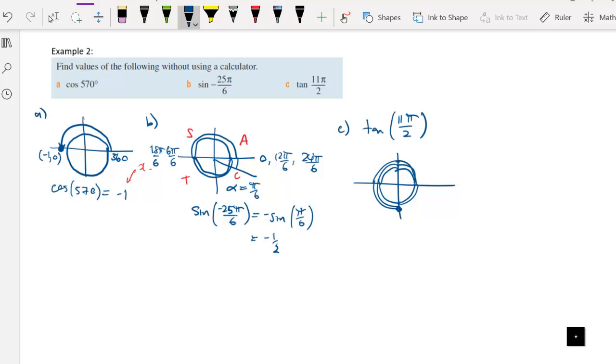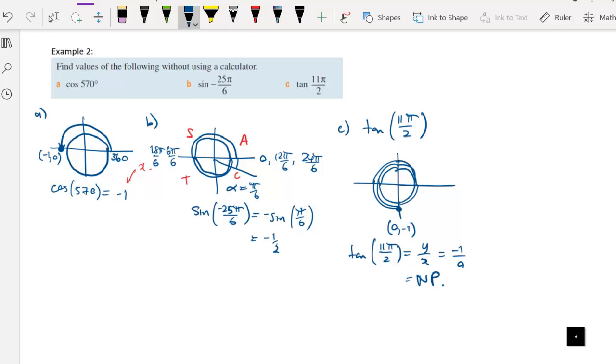Now, as it's on an axis, we know that this point here is 0, negative 1. And so therefore tan 11 pi on 2 will be y on x, which will be negative 1 over 0, which makes this one not possible. Okay, so these ones are a bit harder. It will take a little bit of practice to get used to these coterminal situations.